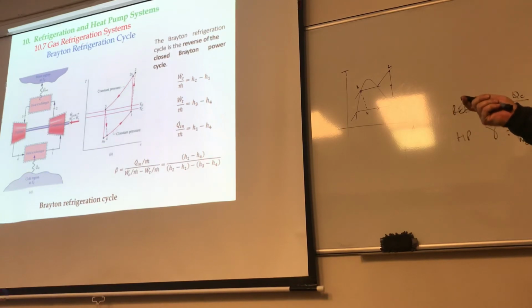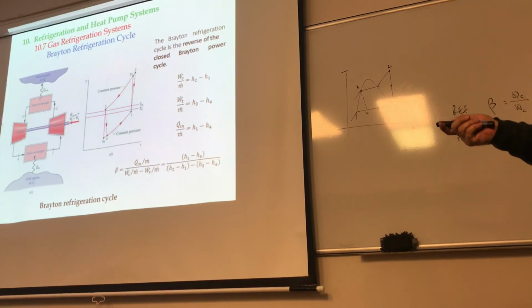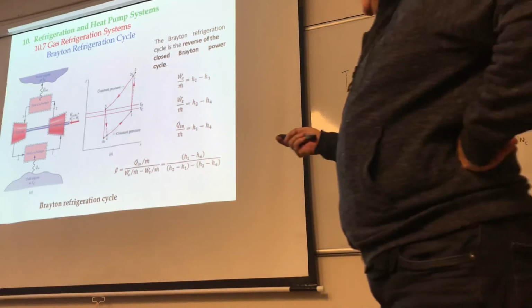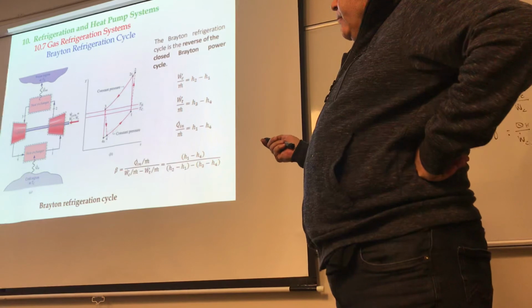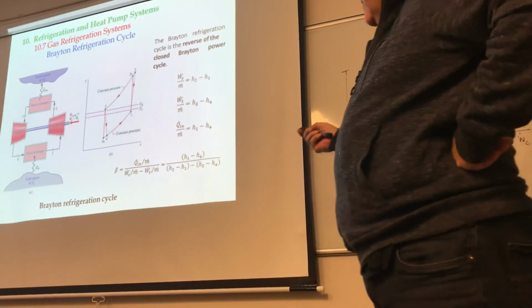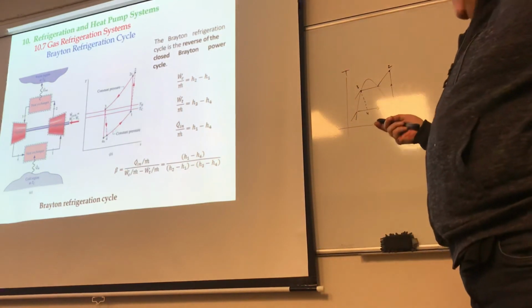Now, looking at this Brayton refrigeration cycle, which is the reverse of the closed power one, remember for the other one we had the turbine producing work, and the shaft is connecting both the turbine and the compressor. So looking at this, what is the work done by the compressor?